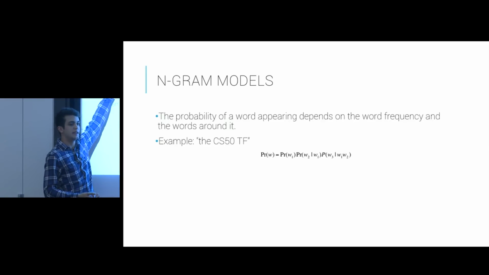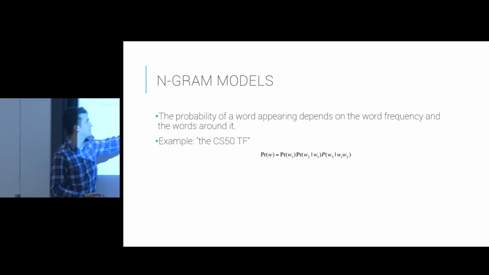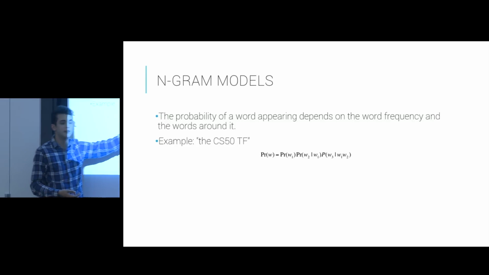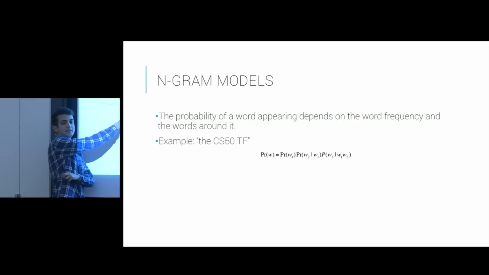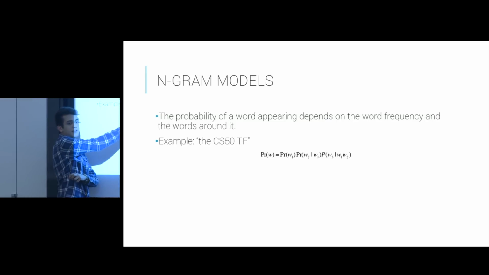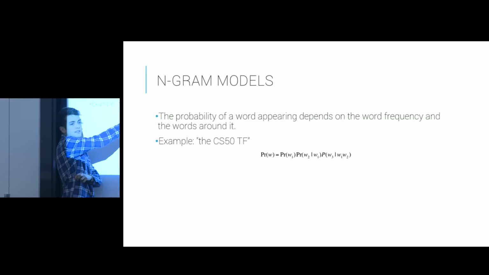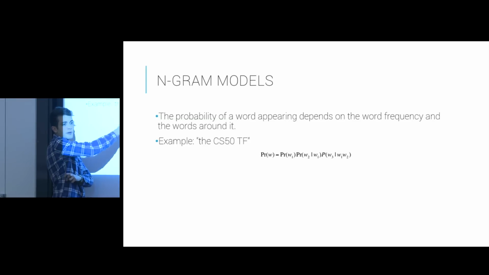So if I look, for example, at the sentence this is CS50, when I'm calculating the probability of the sentence, it will be the probability of having the word this, times the probability of having is given this, times the probability of having CS50 given those. So basically I count all possible ways of stretching it.